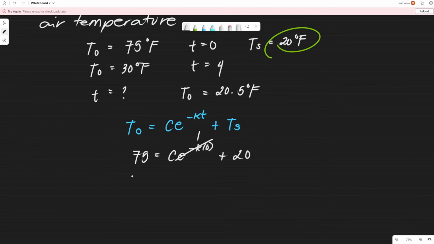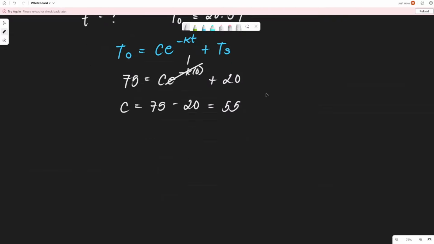So C is equal to 75 minus 20, which is 55 degrees Fahrenheit. So the temperature equals 55 e raised to negative kt plus 20.